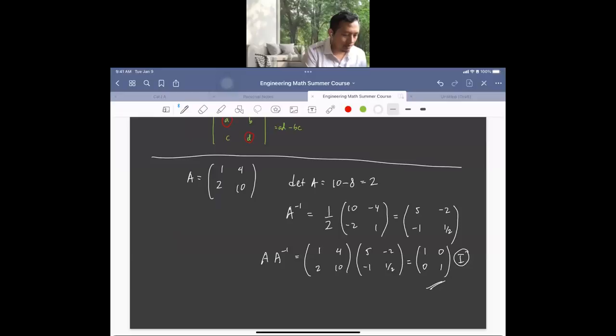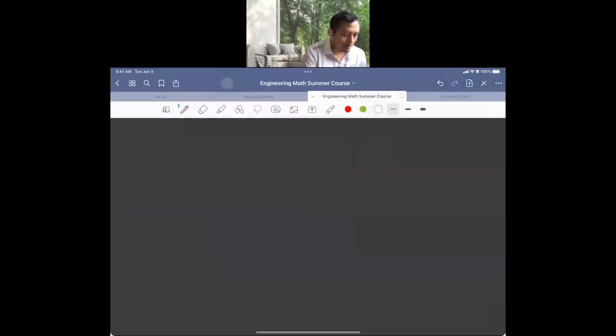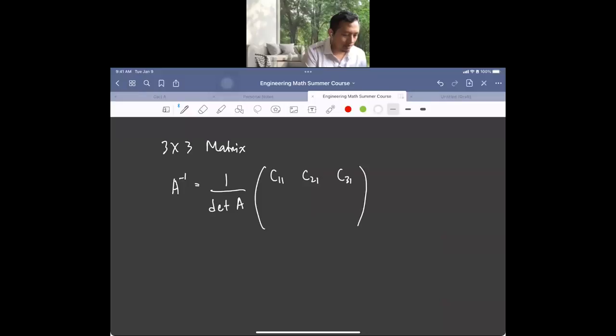Now for a 3 by 3 matrix, the A inverse is 1 over determinant A. Okay, that's for the 3 by 3.